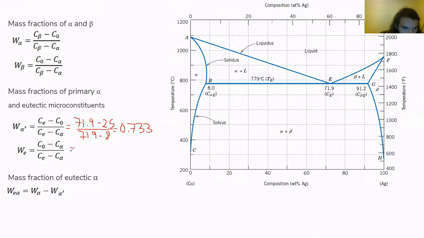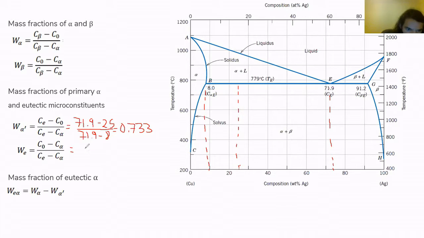And the mass fraction of the eutectic microconstituent is, so 25 is here, minus 8, which is this part, over all this part.